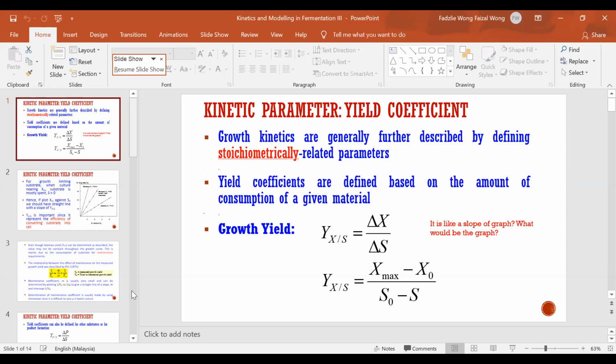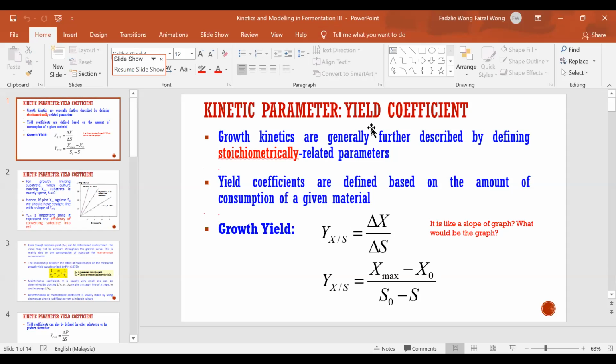For Malthusian is the one based on ln x. Remember, ln x as a function of t. While we don't have one for the Verhulst because it can be a bit complicated. And for the Monod, we have presented three, which is the Lineweaver-Burk plot, Eadie-Hofstee, and also another one, I can't remember what's the name. Maybe you can check later.